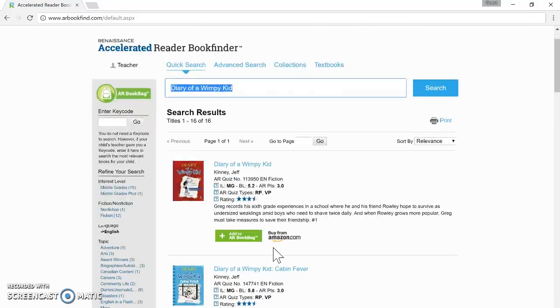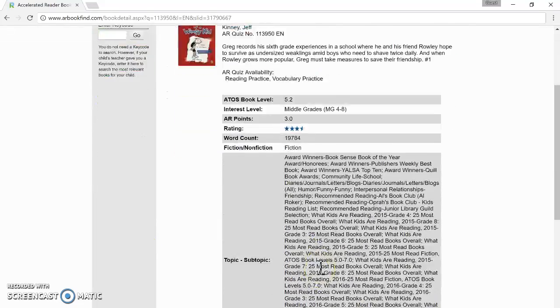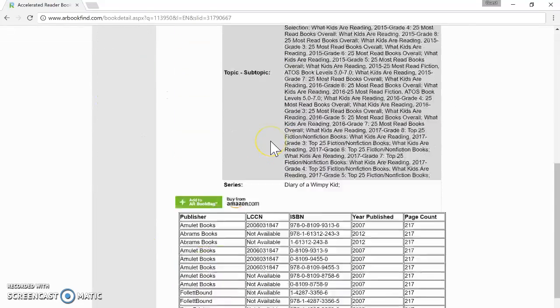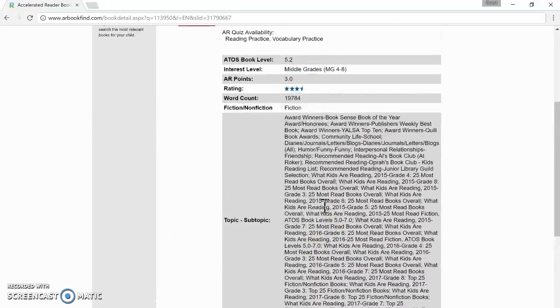In this case, it looks like they only have the English versions of Diary of a Wimpy Kid in here. So since I want book 1, Diary of a Wimpy Kid, I can click on the title here, and it will give me a nice overview of this book, even places where I can buy it.